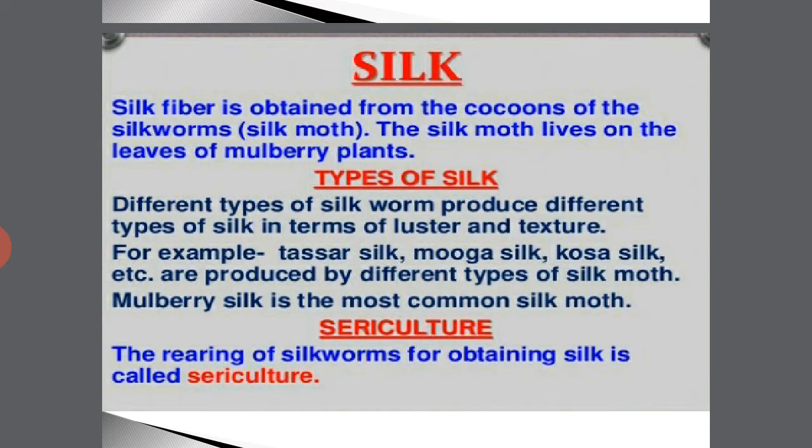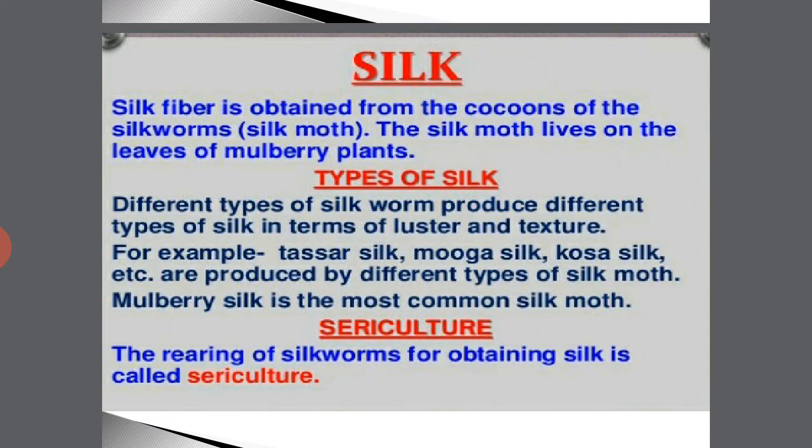Types of silk. Different types of silkworm produce different types of silk in terms of luster and texture. For example, tassar silk, moga silk, kosa silk, etc. are produced by different types of silk moth. Mulberry silk is the most common. Sericulture, the rearing of silkworms for obtaining silk, we will study this process also.